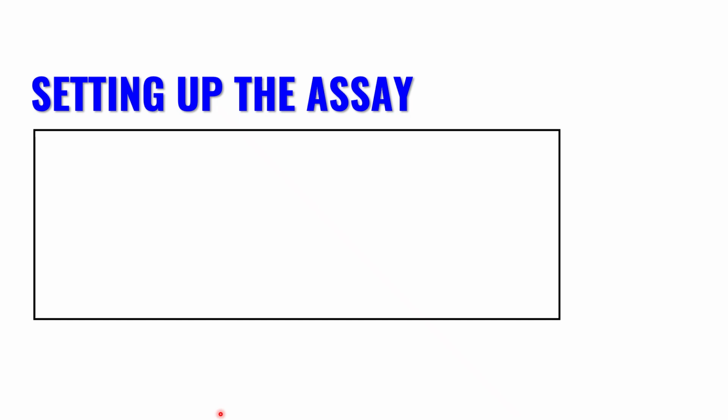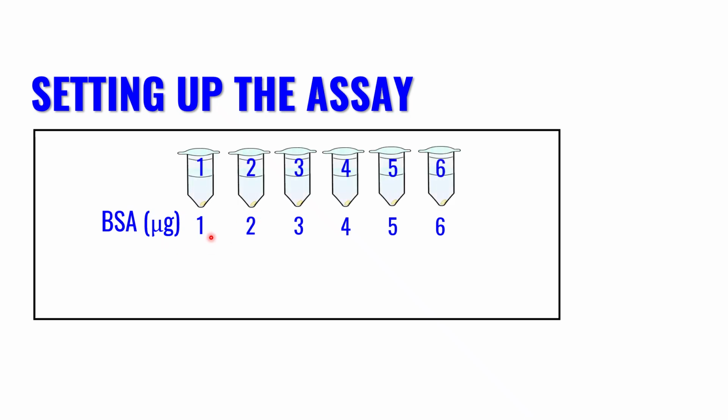To find out the concentration of protein in your sample, set up the assay. Label 6 tubes for BSA to prepare a standard curve, 1 tube for blank as B, and label 1 tube as S for sample. Add BSA in the amounts shown here, 1, 2, 3, 4, 5, and 6 microgram, and nothing in the B and S tubes.